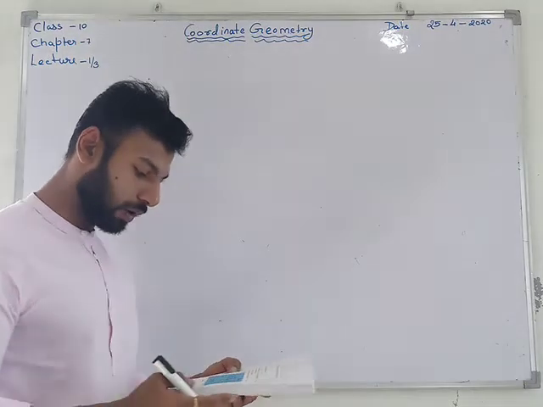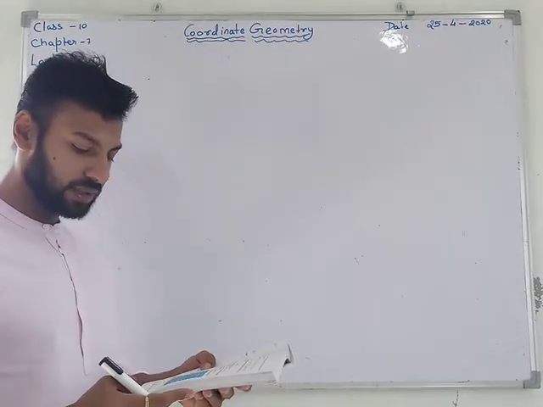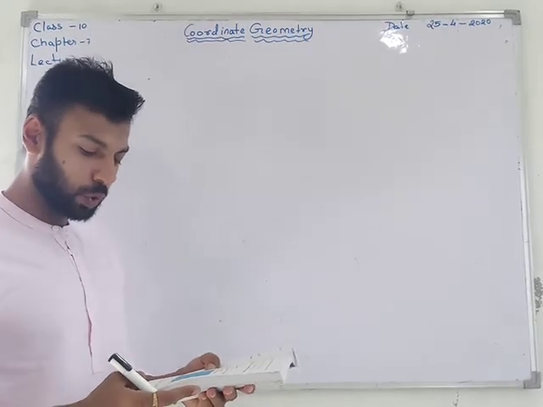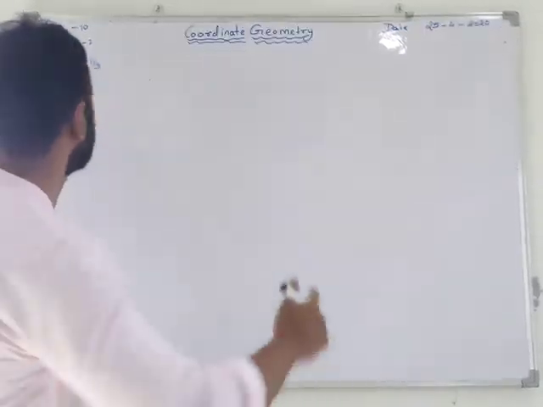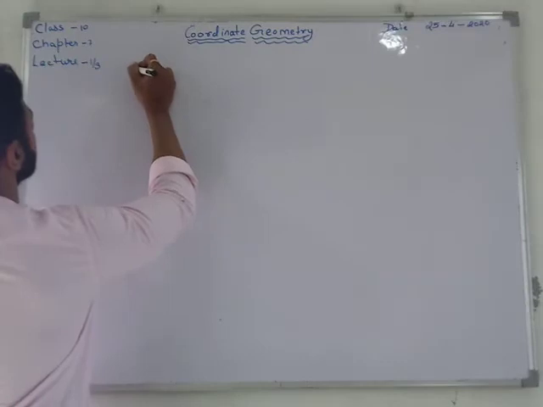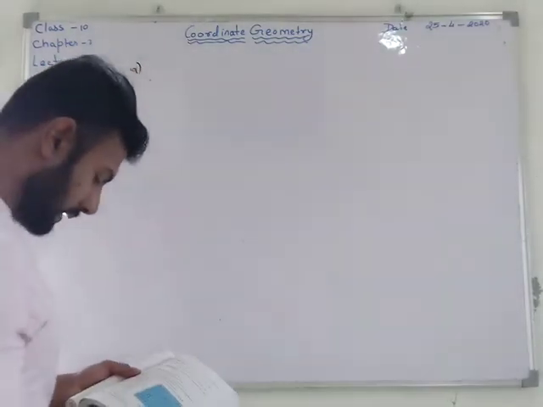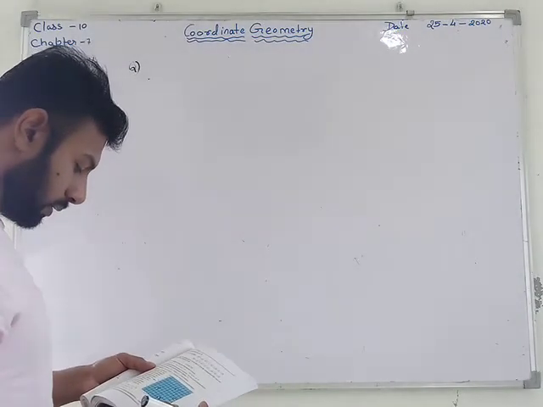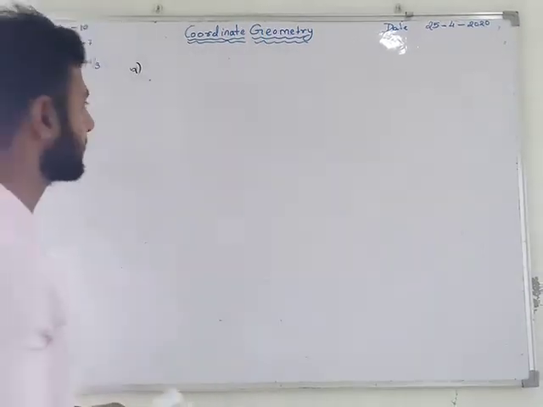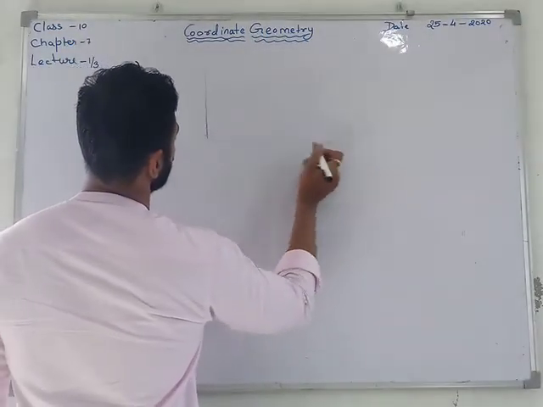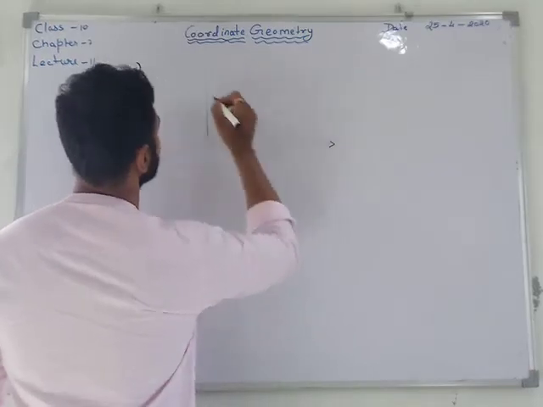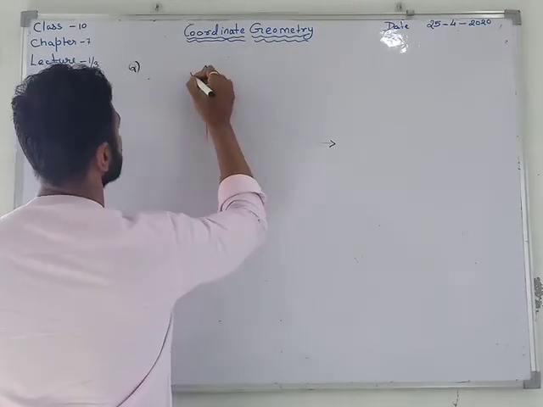Find the point on the x-axis which is equidistant from (2, -5) and (-2, 9). Question says that we have to find out the point on the x-axis. This is our x-axis. This is y.